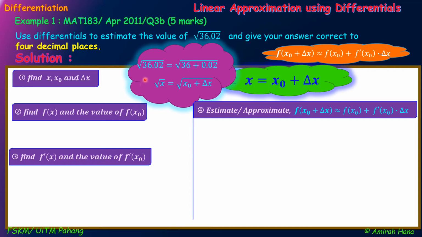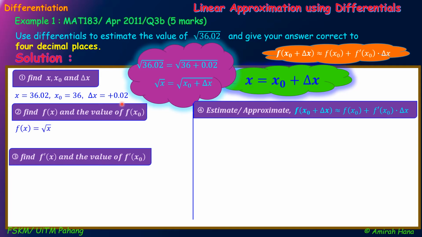Our x is 36.02, our x naught equals 36, and delta x equals positive 0.02.